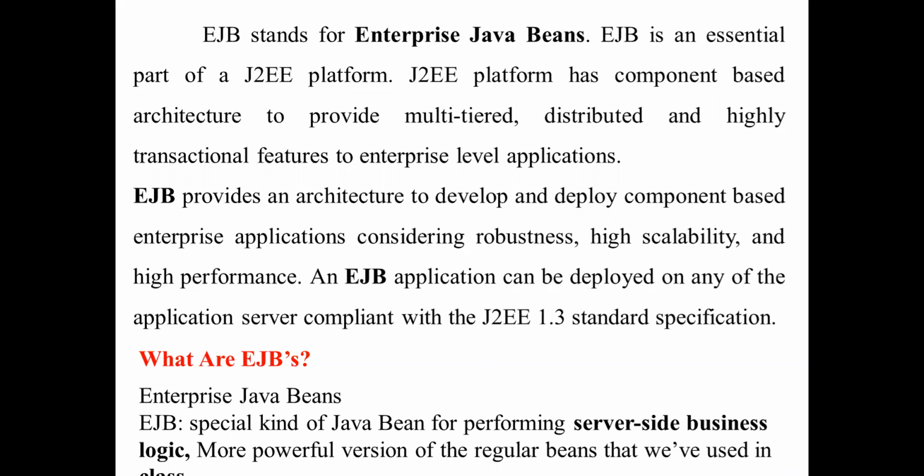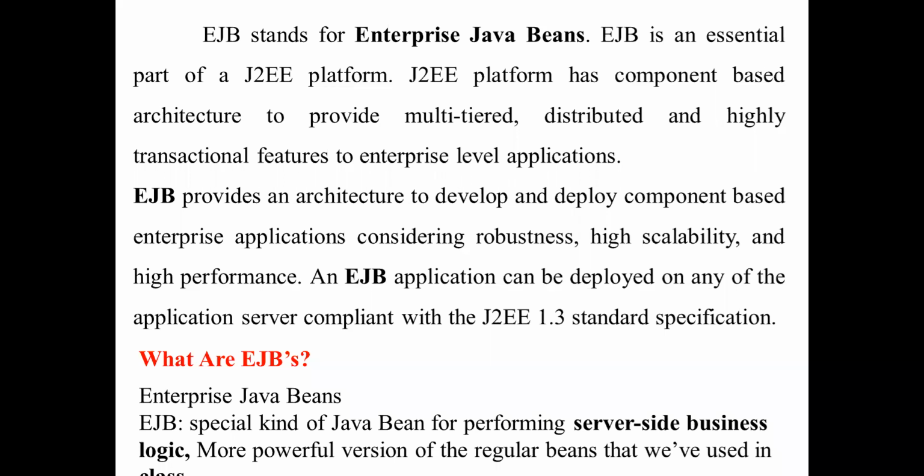This platform is based on an architecture that provides multi-threaded, distributed, and highly transactional features to enterprise-level applications. So we can use enterprise Java beans as distributed, robust, multi-threaded, and transactional.